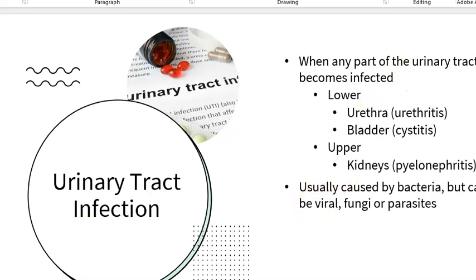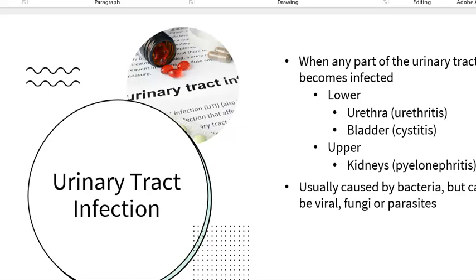The urinary tract infection, this is the second most common bacterial disease. In healthy people, urine in the bladder is sterile, so no bacteria or other infectious organisms are present. The urethra contains no bacteria.